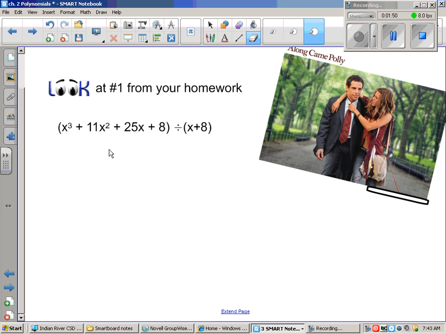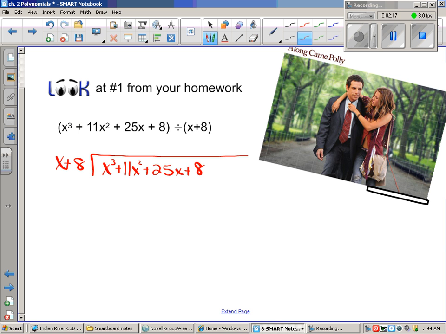So when I look at this question, x cubed plus 11x squared plus 25x plus 8 divided by x plus 8, another way they could ask this question is, x plus 8 is a factor, find the other factor. Knowing that, we have to be able to divide, and we're going to set it up just like division from when you were in 3rd or 4th grade when you learned it. So I'm going to write this all out.